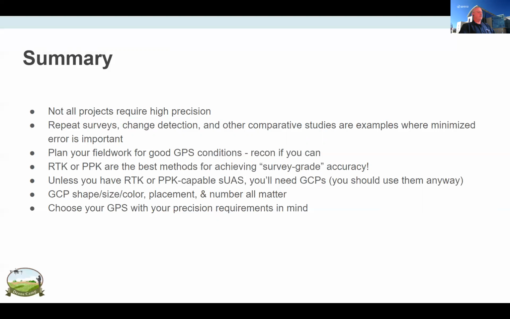If we want, quote, survey grade accuracy, and you may have noticed I've stayed away from saying what survey grade accuracy is or using any kind of standard, it means different things to different people. There is no one exact tolerance that you can quote. But if you want higher accuracy and precision, RTK and PPK are the best ways to get there. And unless your aircraft is equipped with that kind of GPS gear, you will definitely need to use ground control points, and you should probably use them anyway, even if you do have an RTK aircraft.